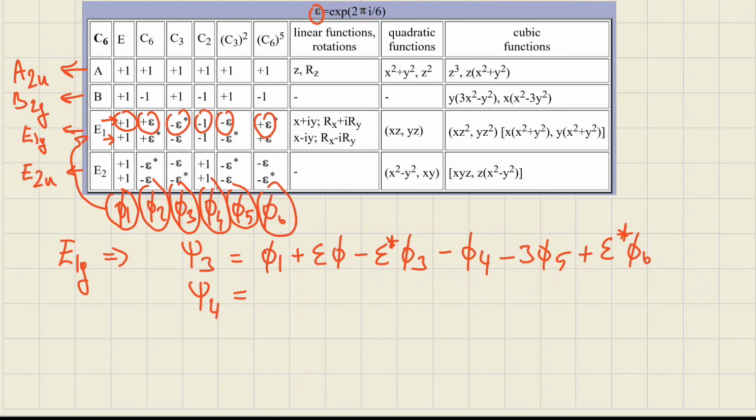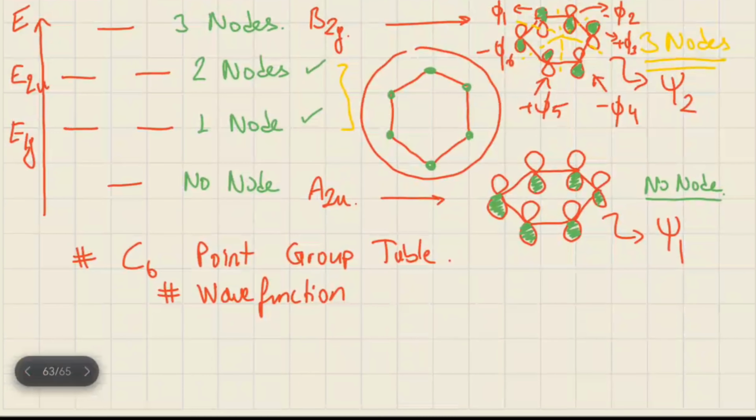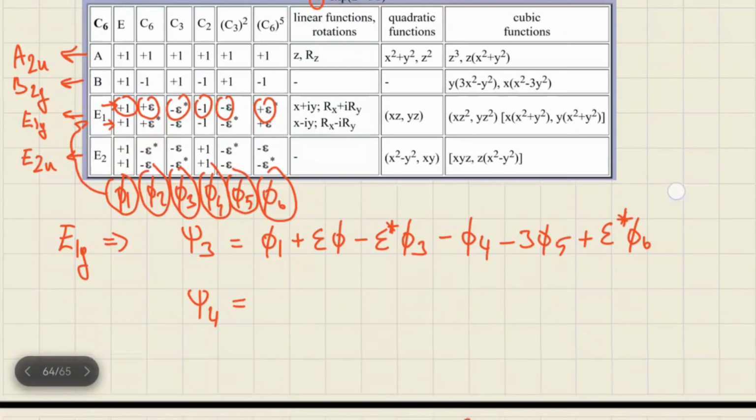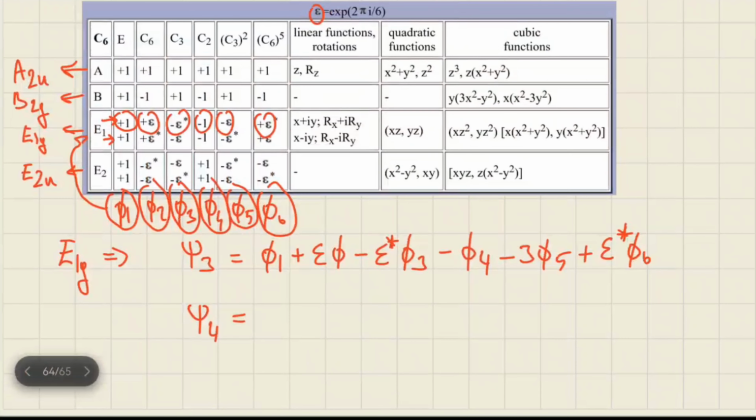So I will not right now normalize it, and I will write also our fourth wave function. So this one is wave function 3, and this will be wave function 4. I am just multiplying this one and this one.